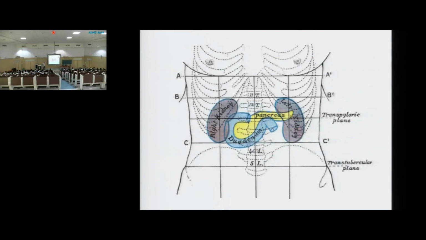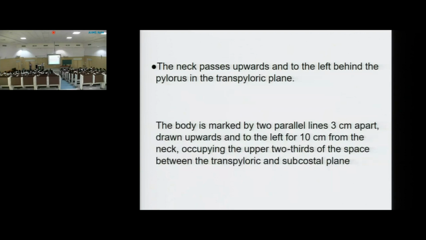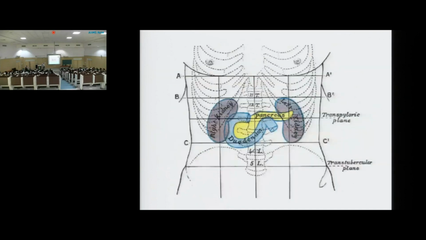The head of the pancreas is between the curve of the duodenum, and the neck extends between the transpyloric plane and the subcostal plane.